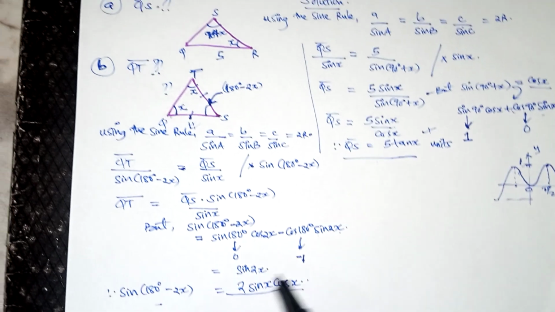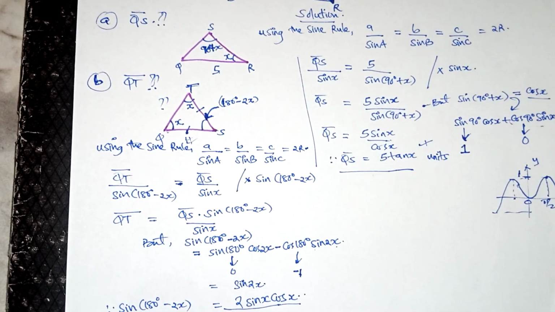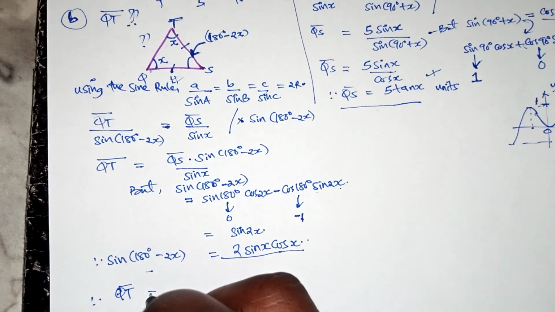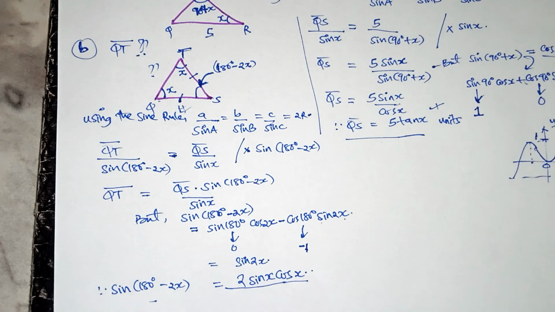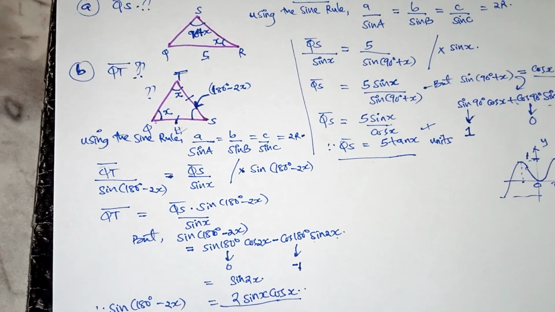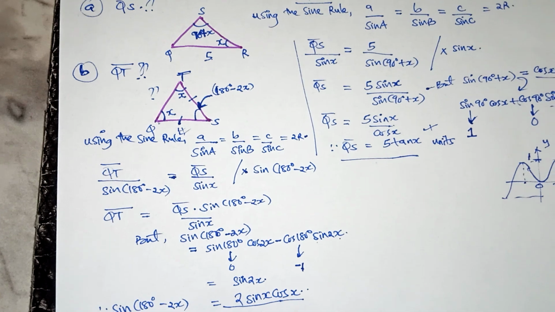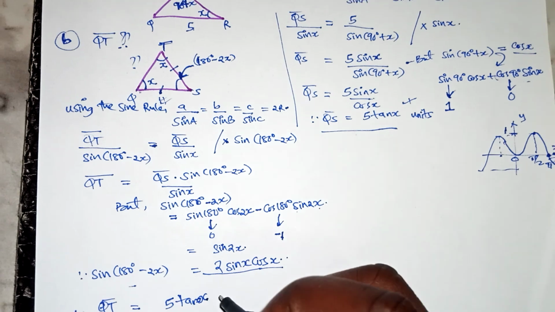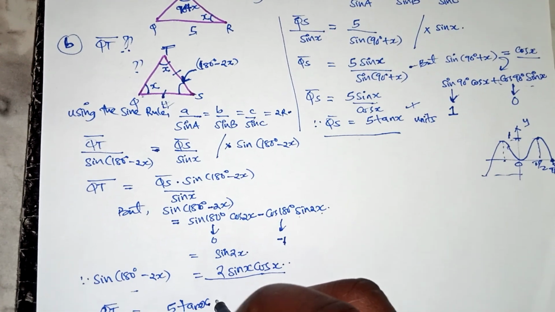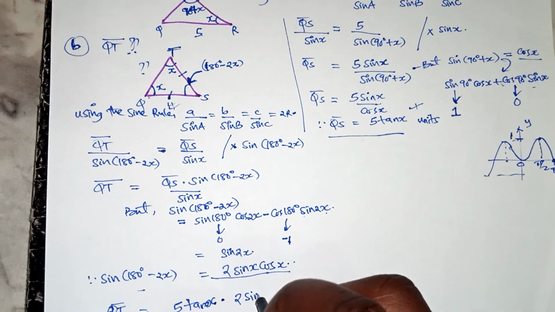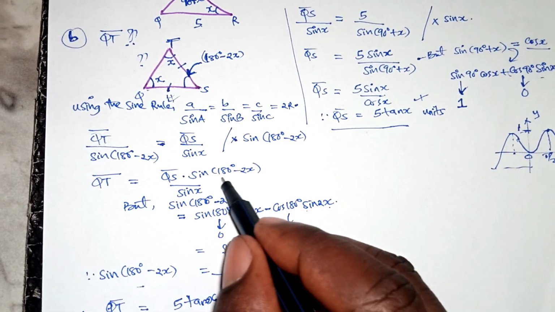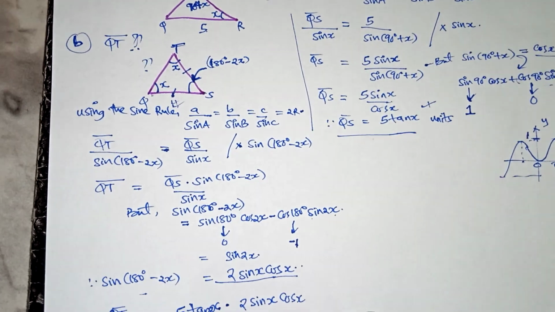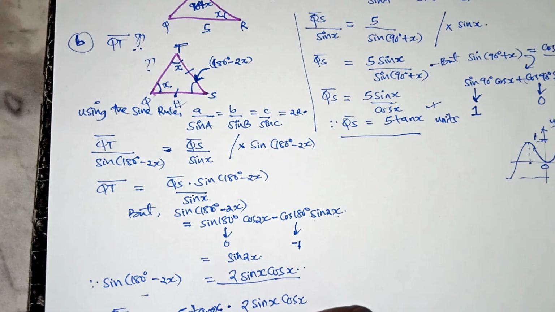Therefore, QT is equal to QS, which is 5 tan x, times 2 sine x cos x over sine x.